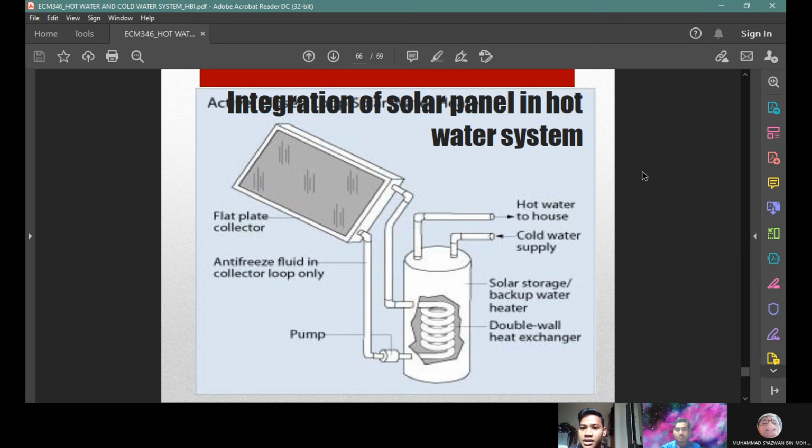And then this is a tank, solar storage with backup water heater, and a double wall heat exchanger inside the solar storage. Then a flat plate collector collects the solar energy, with antifreeze fluid in the collector loop only.